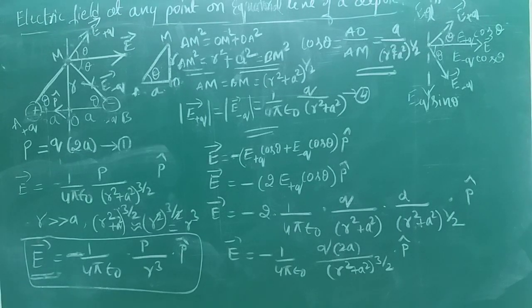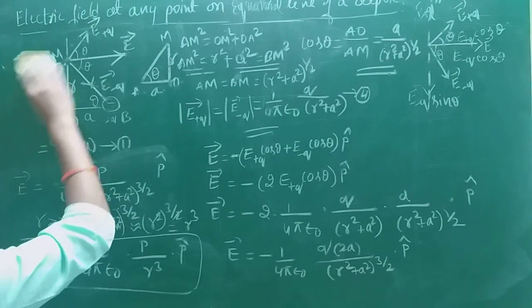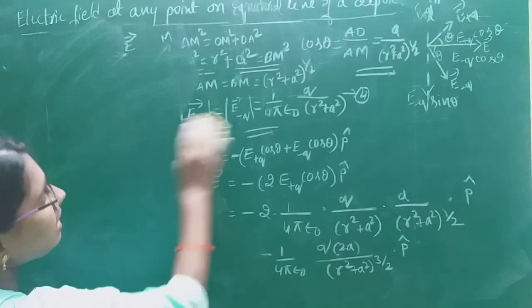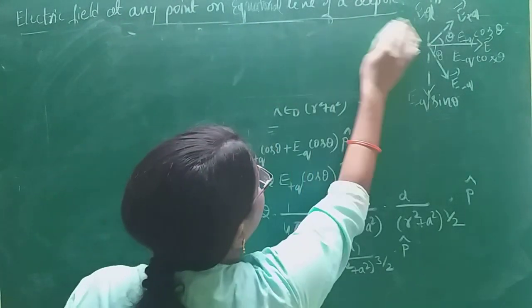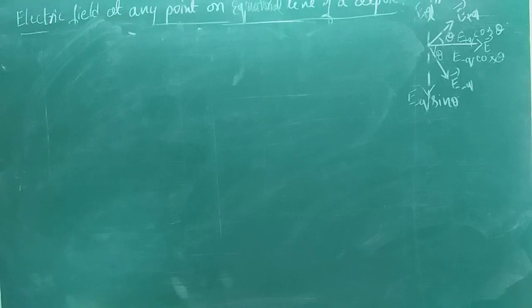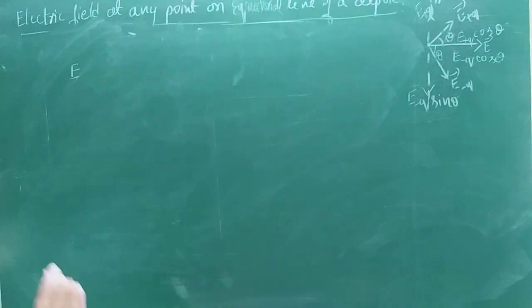Now let me compare the expressions for electric field at any point on the axial line and on the equatorial line. For that, let us consider the expression for electric field, considering only magnitude.